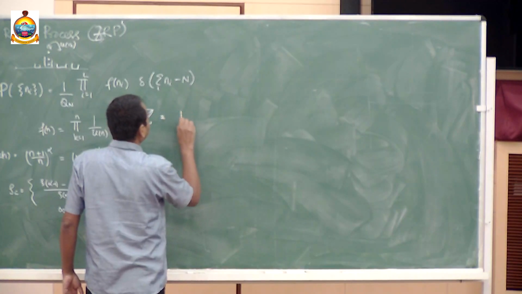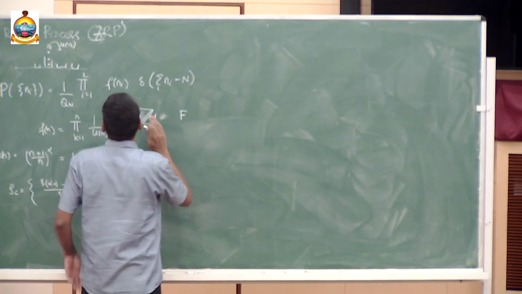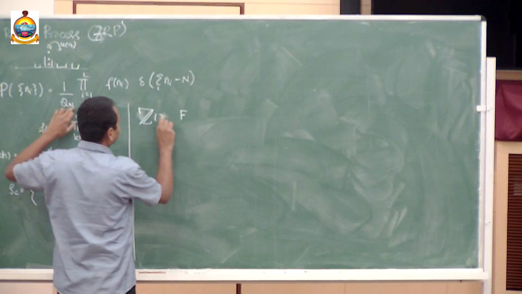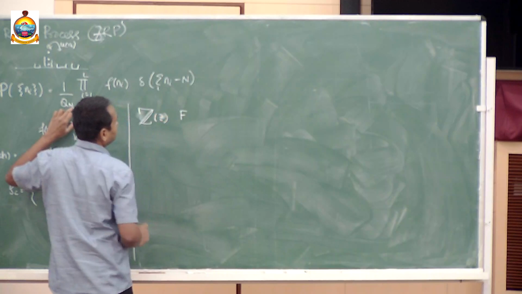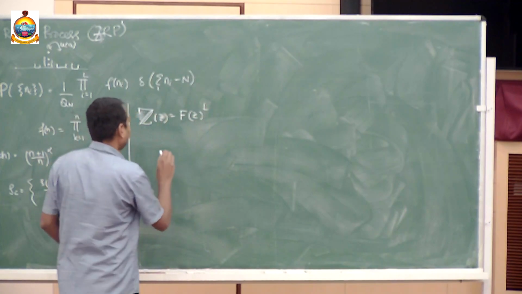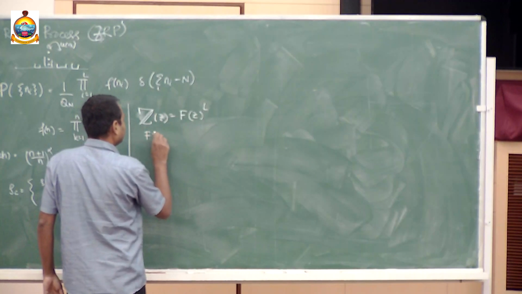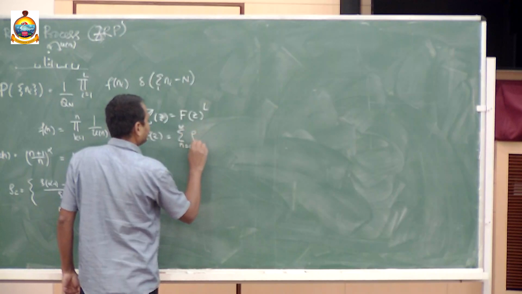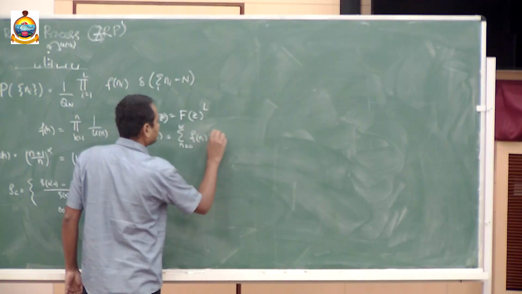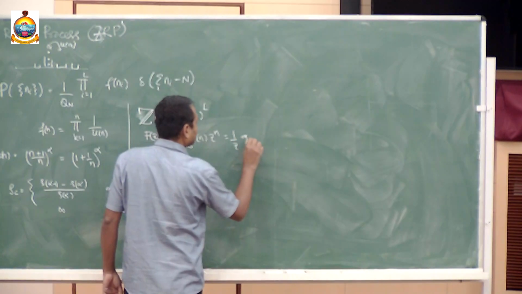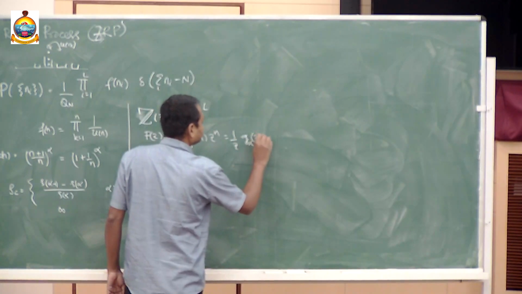The canonical partition function is a function of n, and the grand canonical partition function is a function of small z. This equals Fz whole to the power L, and Fz equals the summation over n equal to 0 to infinity of fn z to the power n.